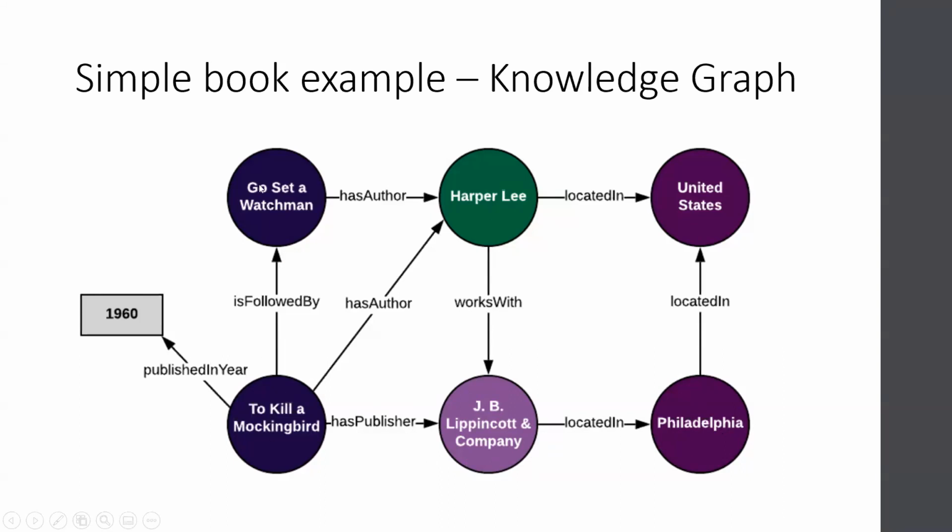So this book was followed up many years later, but again it's linked back. So you can see the knowledge graph is very specific information, whereas the ontology would support any book within that.